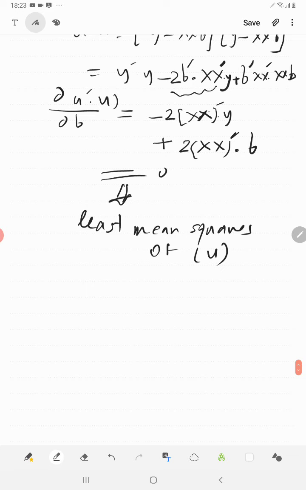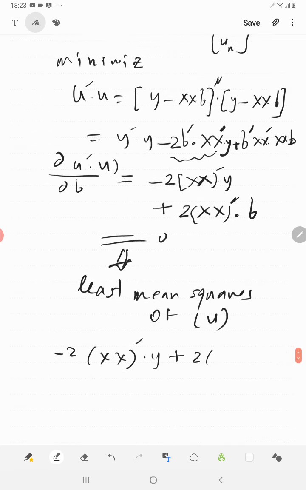We equate minus 2 XX transpose times Y plus 2 XX transpose XX times B to 0.